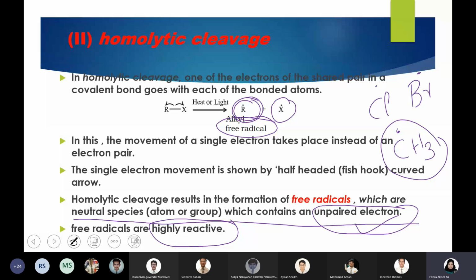Any doubt? Ma'am, in the previous one, I had a doubt. In heterolytic cleavage, do double bonds and triple bonds also break? Yeah, that will be different.